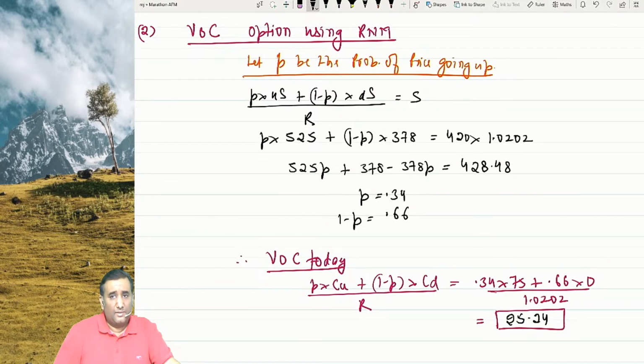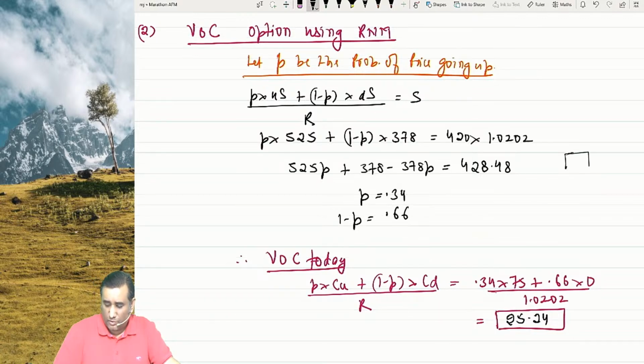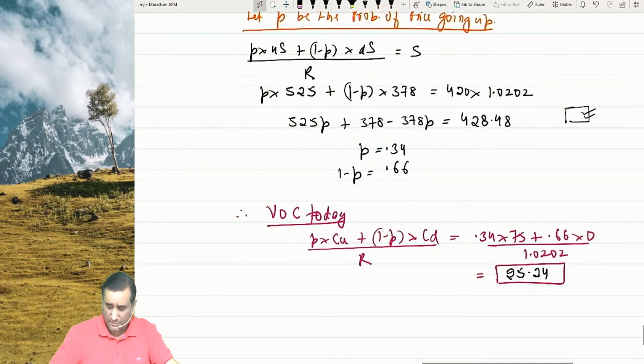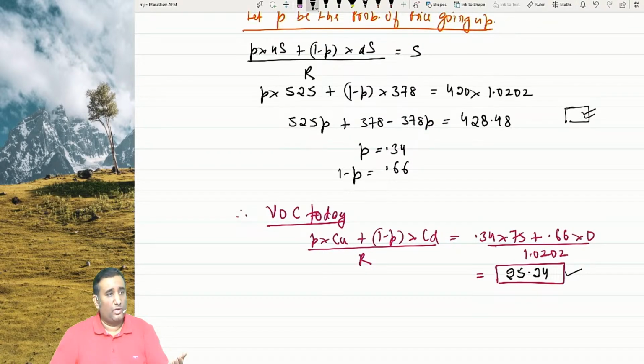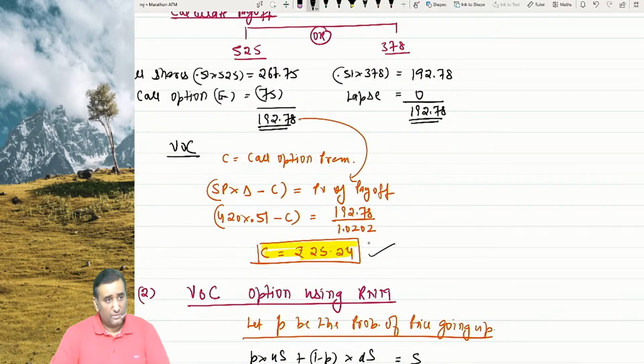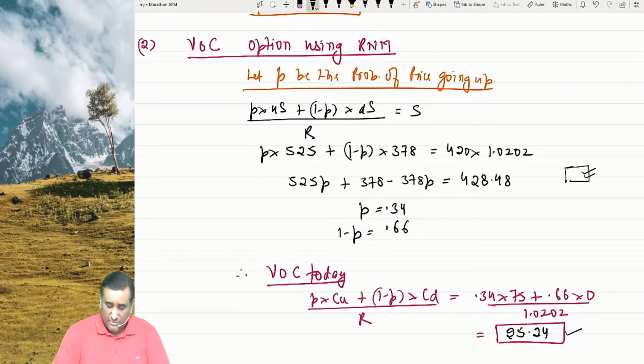What we do, we have done the bond valuation. The bond valuation calculated by the YTM method, and you try to calculate answers, you'll find that if you solve it, the intrinsic value would not come the same somewhere. We try to match that out, maybe because of the rounding off. So make sure whatever comes here, write that only. Wherever there is more rounding off, take that as equal to the previous one. This place was lesser rounding off. This place would be a major rounding off because I think these are not exactly 0.34, 3434 something.